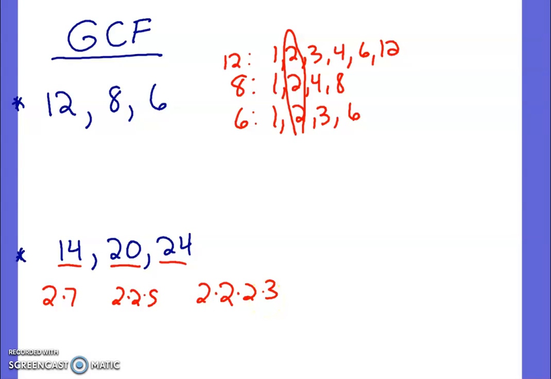The only thing that's common between those is a 2. You have a 2, a 2, and a 2. That's the only thing that's common, so the greatest common factor would be 2. So there are two ways, depending on how you were taught to find the GCF.